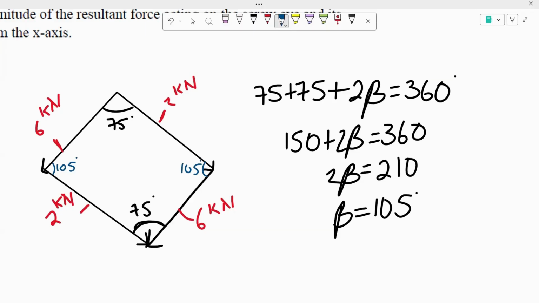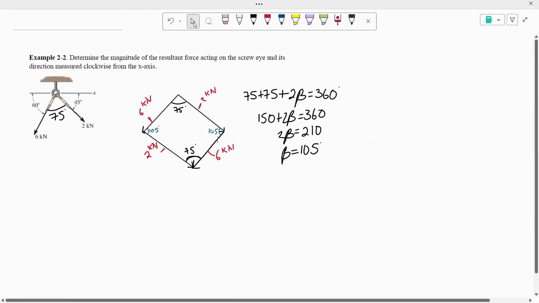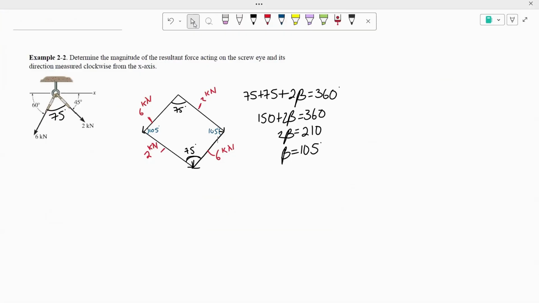Okay. So now that we have that information, we can find our resultant force using the cosine law.